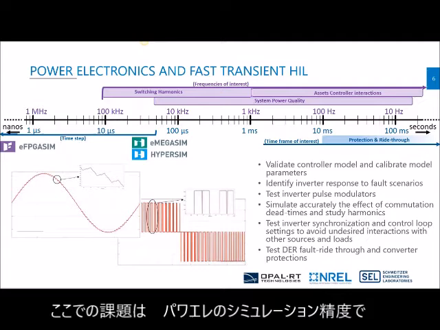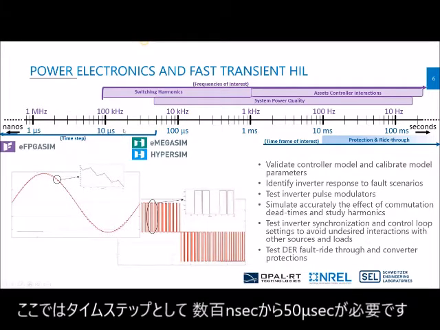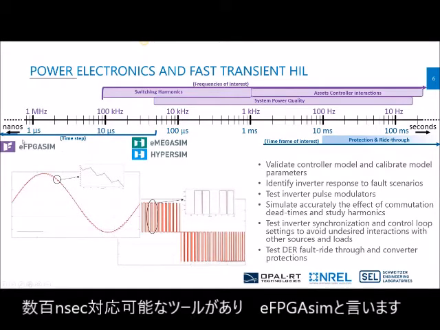accurately simulating power electronics, which may go to switching frequencies up to 5 kilohertz or maybe higher than that. And to simulate those systems, you need time steps that are on the order of 100s of nanoseconds to about 50 microseconds. We've got some tools that allow you to go to hundreds of nanoseconds.